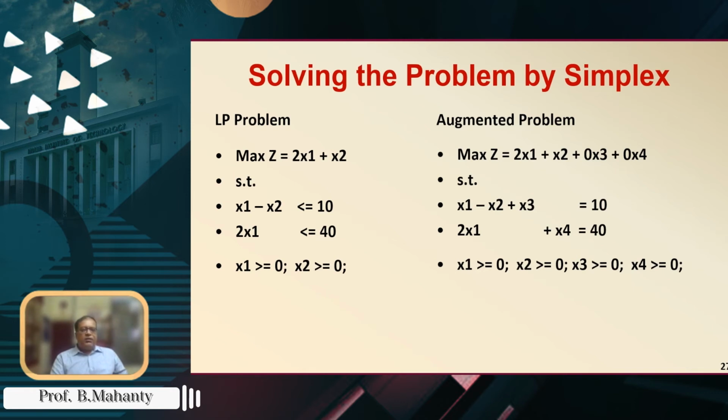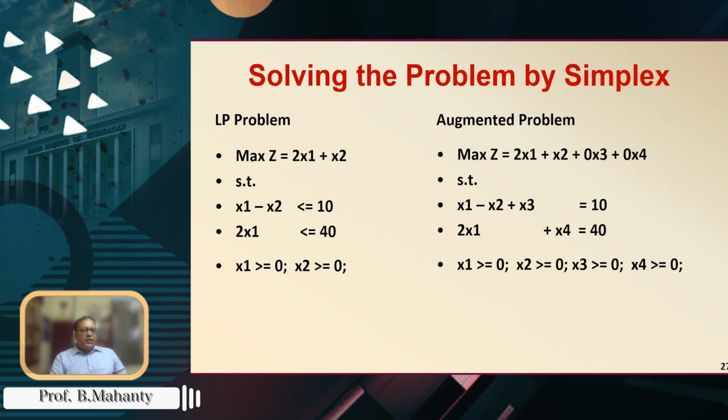So the augmented problem is maximize z equal to 2x1 plus x2 plus 0x3 plus 0x4, subject to x1 minus x2 plus x3 equal to 10, 2x1 plus x4 equal to 40, and x1, x2, x3, x4 are all greater than or equal to 0. So this is how we have our LP problem and our augmented problem.